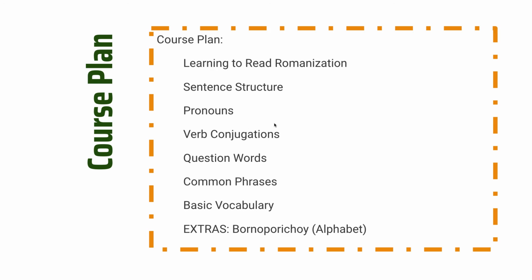Some pronouns, verb conjugations, question words, common phrases, then basic vocabulary. So you'll be able to take all this stuff you learned before and the basic vocabulary and hopefully be able to understand things better, or string together your own words. And then at the end, I'll attach some alphabet learning things if you want them.